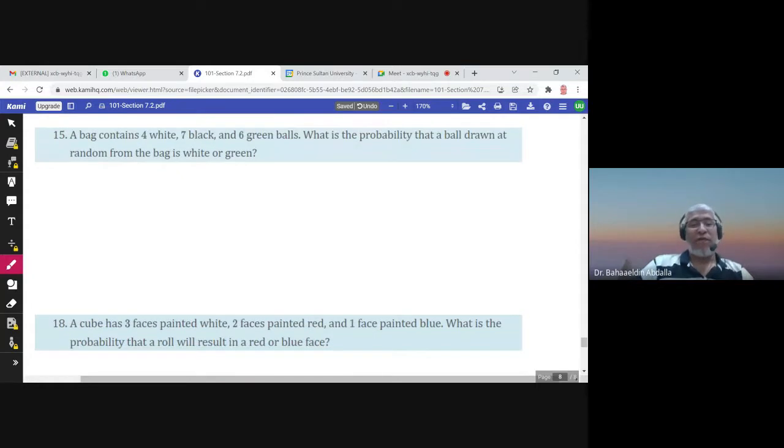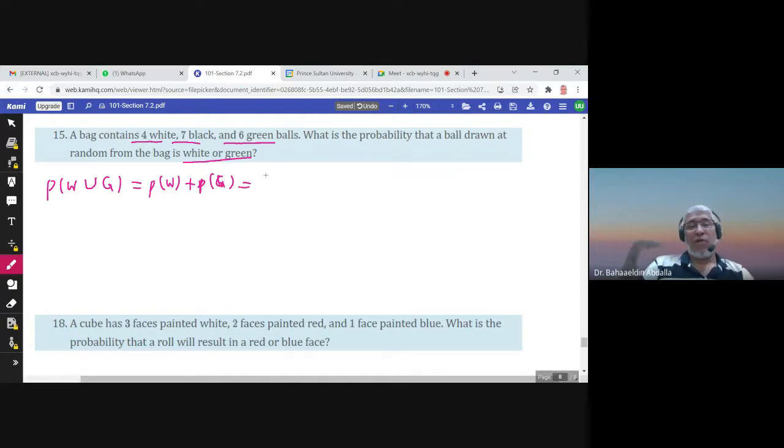A bag contains 4 white, 7 black, 6 green, 3 colors. What is the probability that a ball drawn at random from the bag is white or green? Can the ball be white and green together? No. So it's probability of white or green, and it would be probability of white plus probability of green, mutually exclusive.